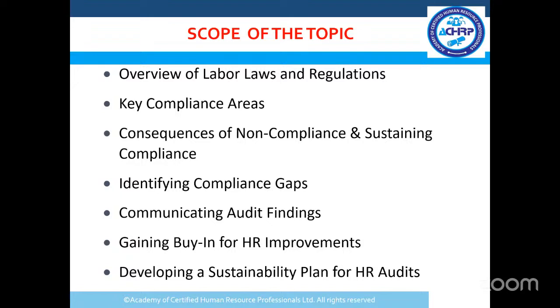Number 4, we are going to look at gaps in terms of compliance. That is, how do we go about identifying areas that are not compliant with a view to taking corrective measures.